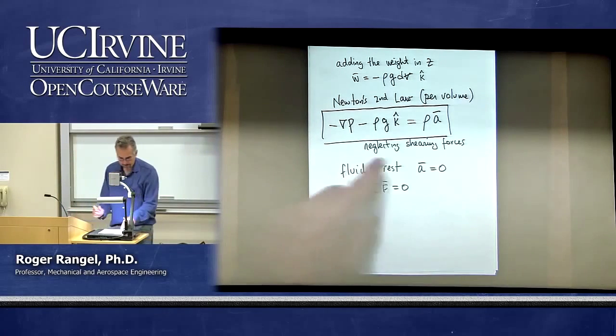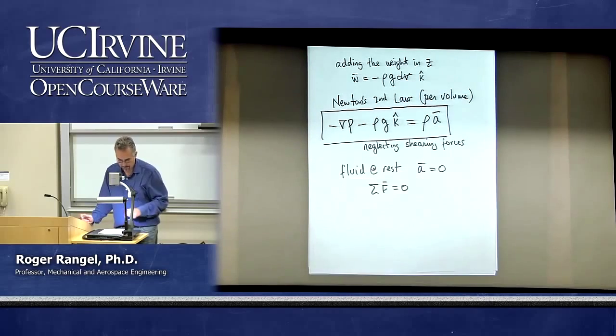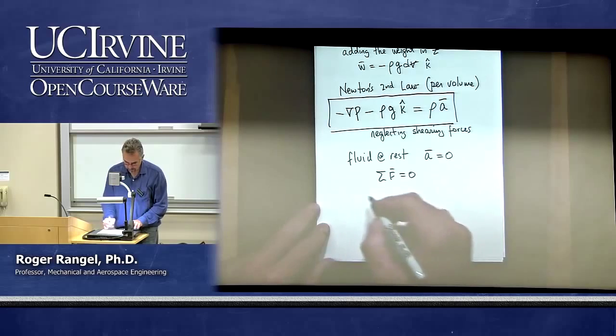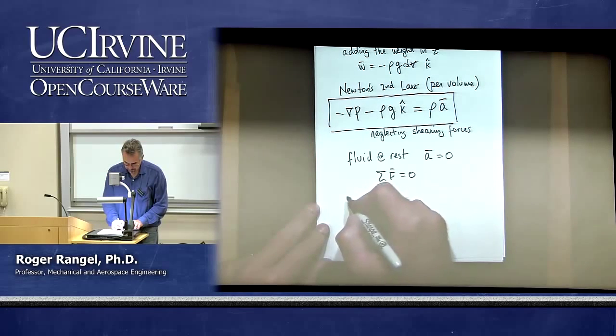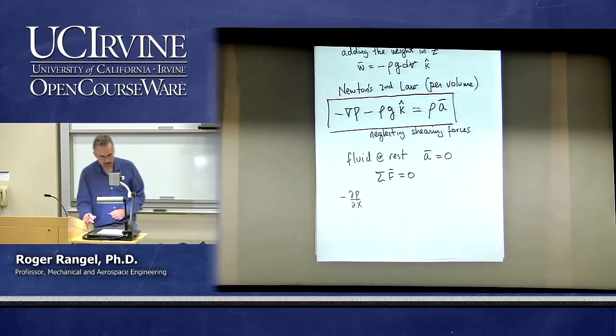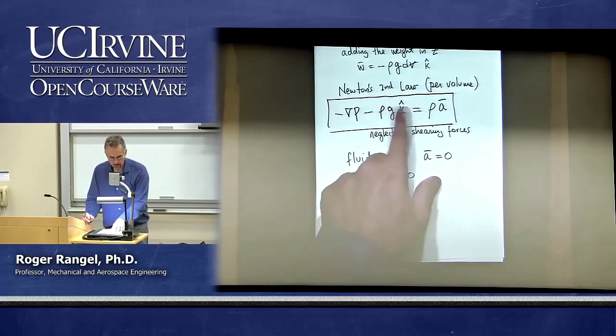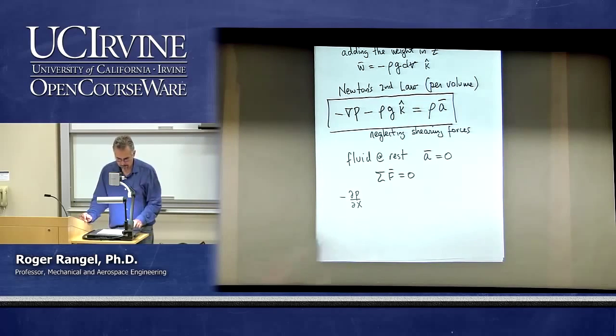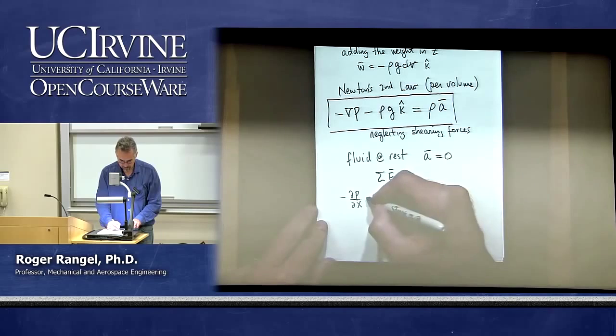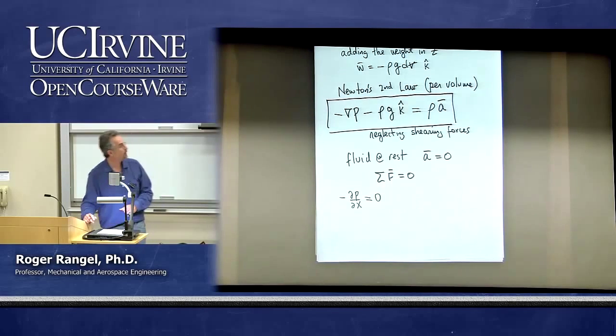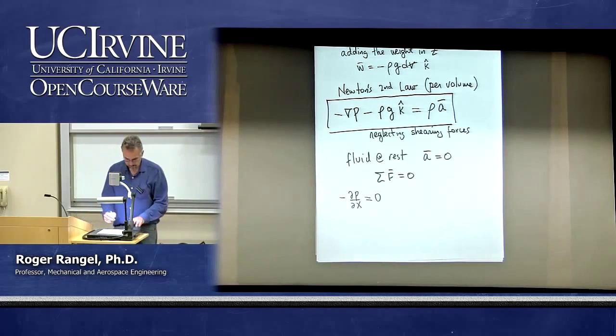If I assume that the fluid is at rest and write this down into its components, then in the x direction the component of the gradient is minus dp dx. There is no component of the weight in the x direction, and there is no acceleration, so it reduces to the statement that dp dx is 0.